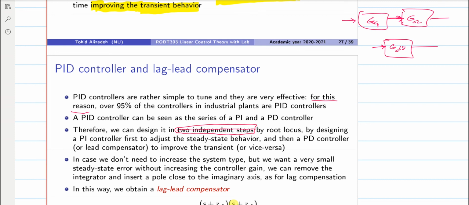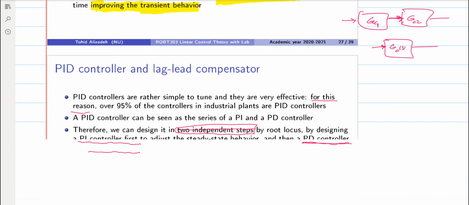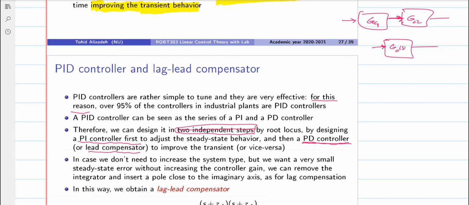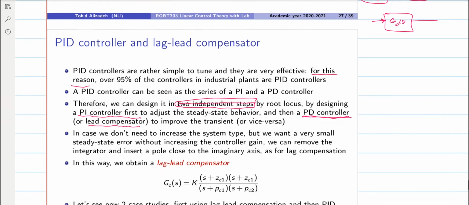We can start by designing the PI controller first to adjust the steady state behavior, and then a PD controller in order to improve the transient behavior. Instead of PD, if we have the practical one in mind, we will have the lead compensator. Or we can start with the PD and then design the PI. Both ways would be all right in designing the controller.